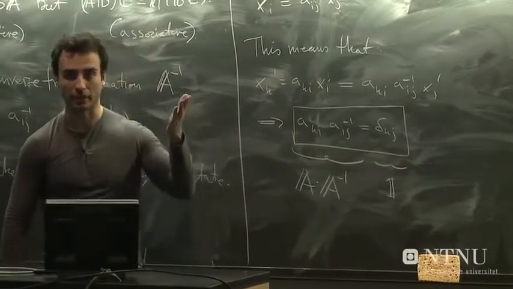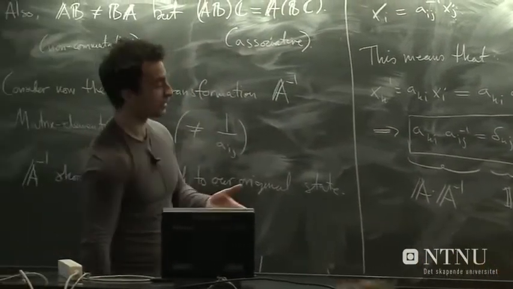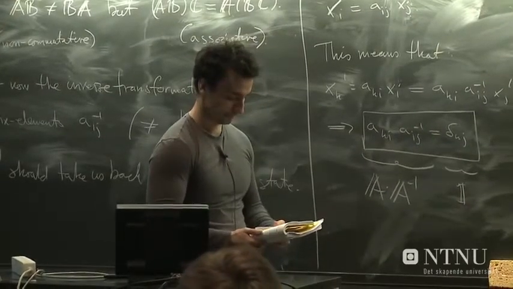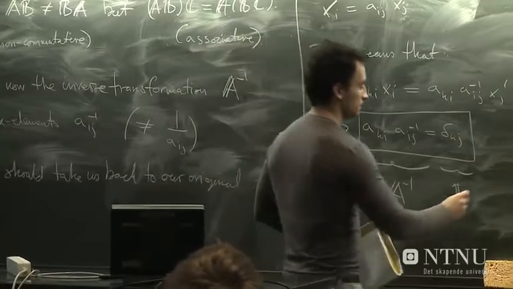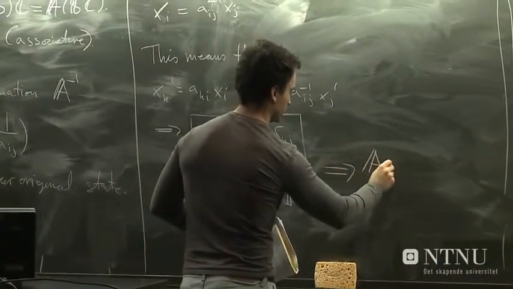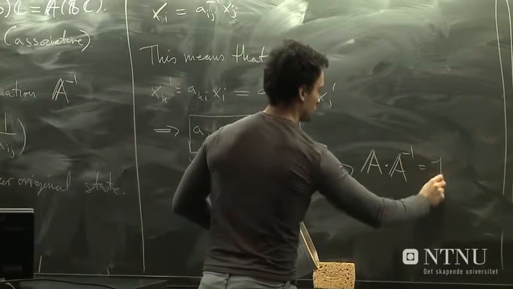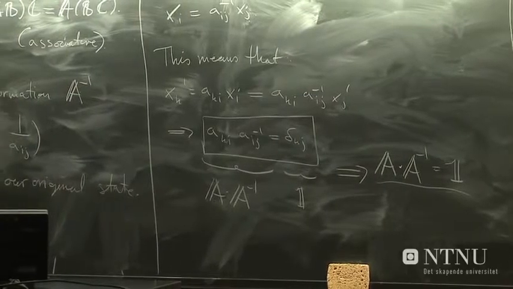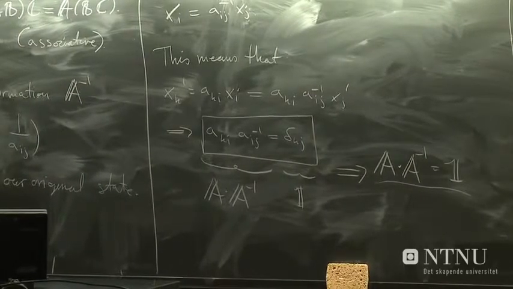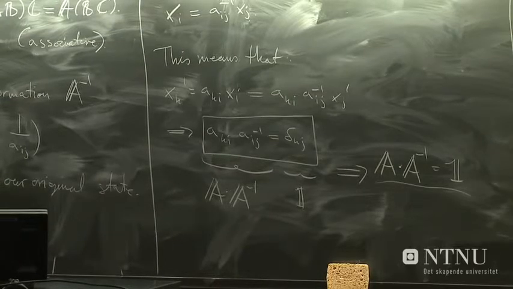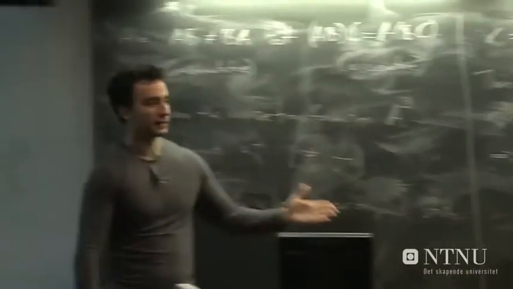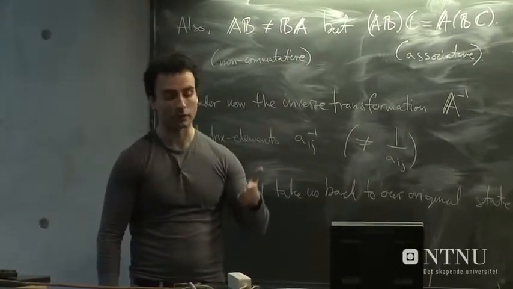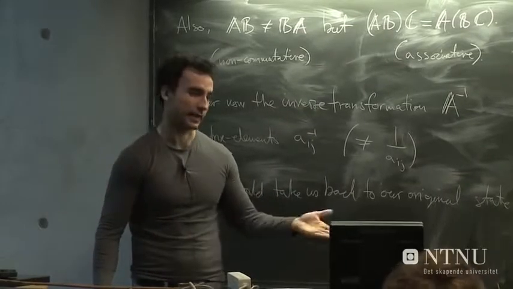The identity matrix has non-zero entries only along the diagonal, which can be written like this Kronecker delta. So we have this relation, the transformation matrix A multiplied with the inverse transformation has to be equal to the identity matrix. And this makes sense because we just stated here that the inverse transformation has to take us back to the original state. So it's like acting on our original state with the identity matrix. Nothing happens.